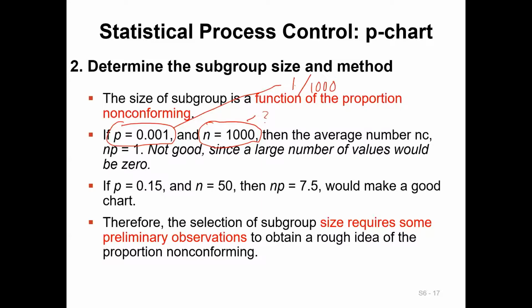How about the second example? Based on history records, we know that for the second process, the fraction non-conforming, or P, is 0.15, and you are suggesting to pick 50 samples.